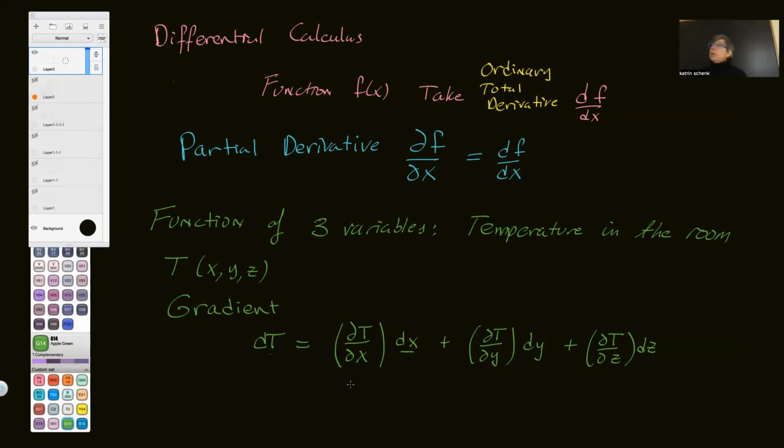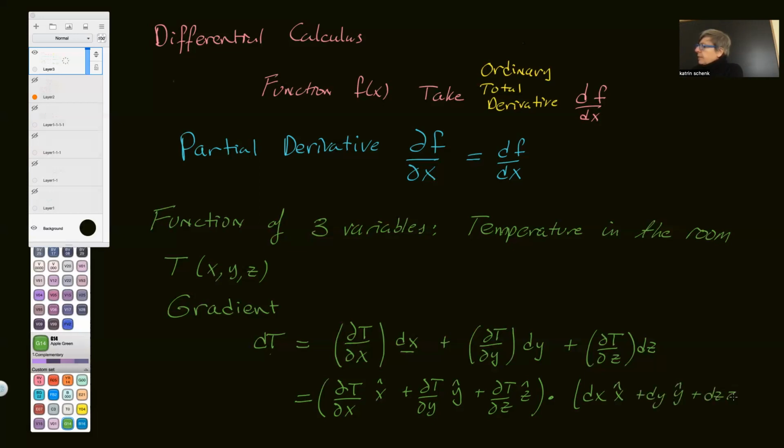Let's keep going. There's another way I can write this. I can write this as partial t partial x in the x hat direction. So now I'm making a vector out of it, partial t partial y in the y hat direction plus partial t partial z in the z hat direction, and then dot with dx times x hat plus dy times y hat plus dz times z hat.